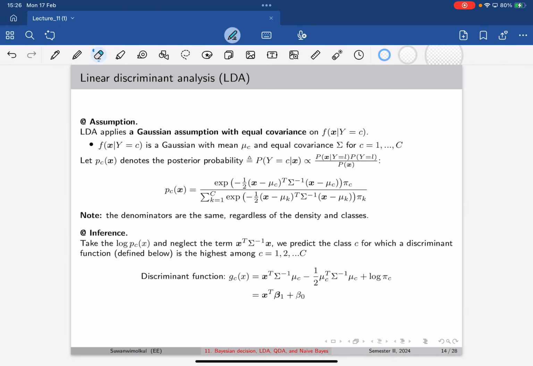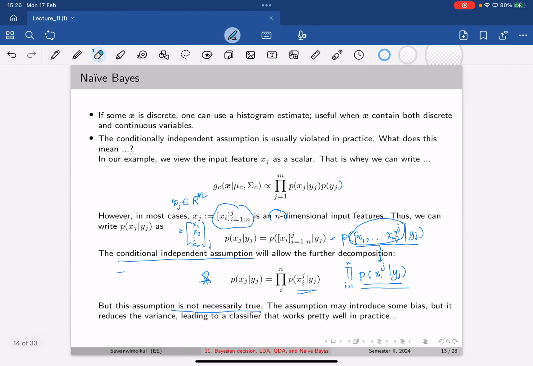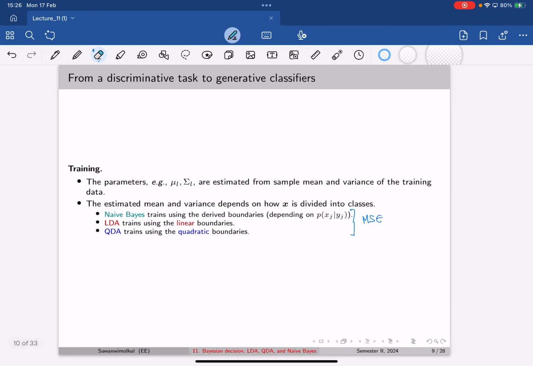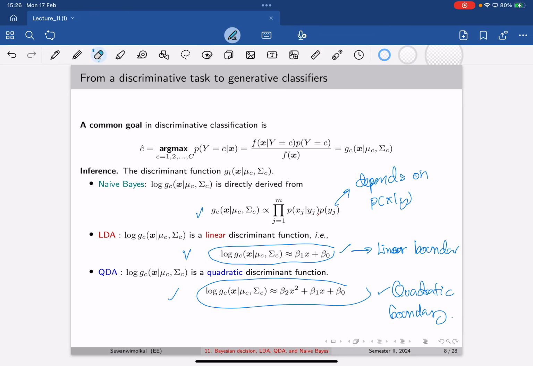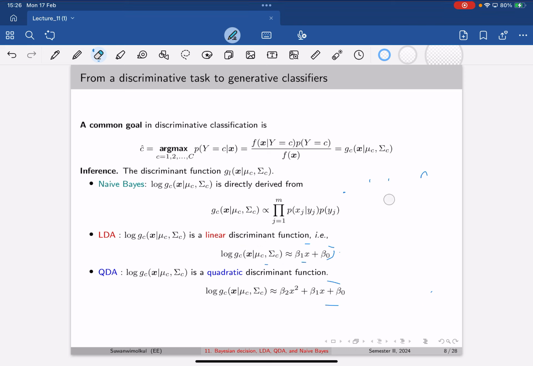Okay, LDA, QDA, and naive Bayes are very similar in the sense that all three of them could be derived from the same probability, when we consider that probability of x given y is a Gaussian distribution.